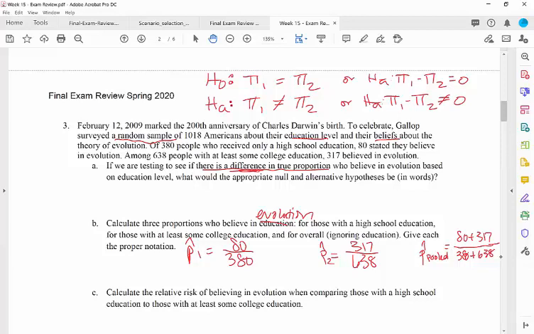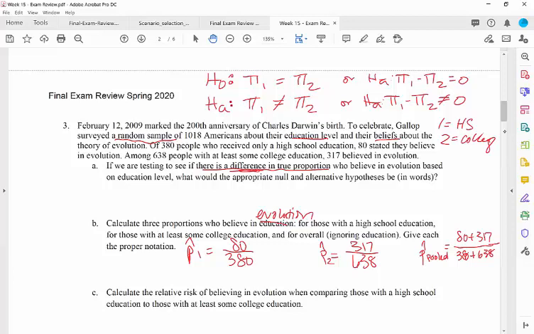The easiest way to think about how we would write these out is thinking about what pi 1 and pi 2 represent. Anytime you're looking at Greek letters, you know you're talking about the true or the long run because it's a parameter. So we're looking at the true proportion in group 1. Group 1 is high school, so I'm going to put over here 1 is high school and 2 is college.